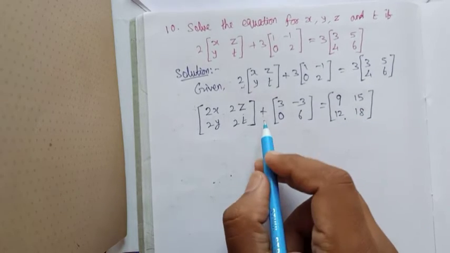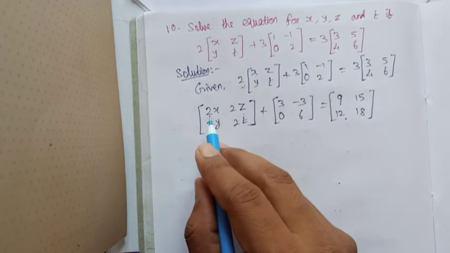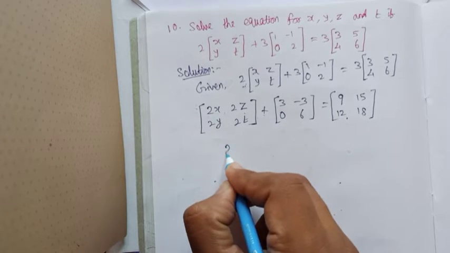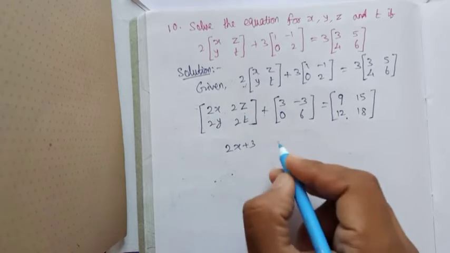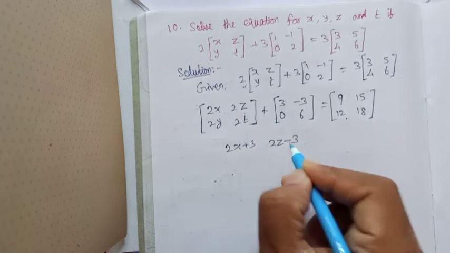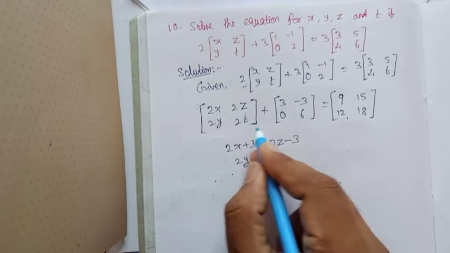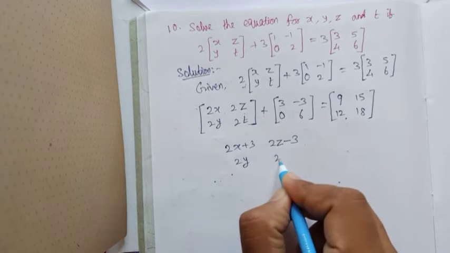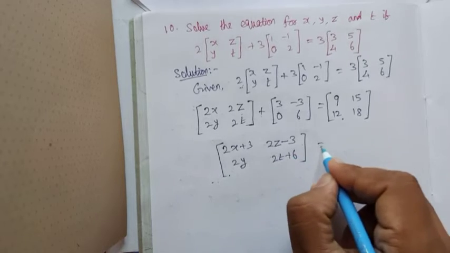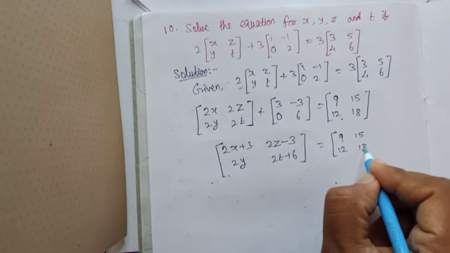Next we complete the sum of the matrices. We add the corresponding elements: 2x plus 3, here minus 3, next 2y plus 0 we get 2y, 2t plus 6. So this is the left hand side and this is the right hand side, which is equal to 9, 15, 12, 18.